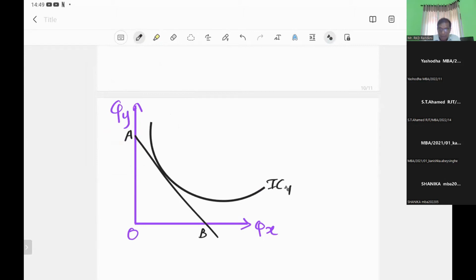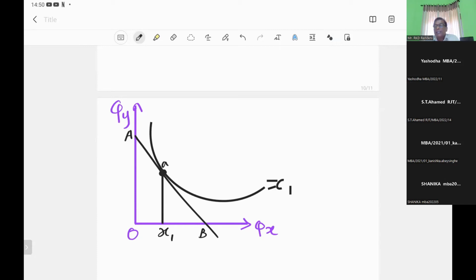Indifference curve 1 and AB budget line. This is the equilibrium point. We can buy X1 units from X, right? Point, we put that A.